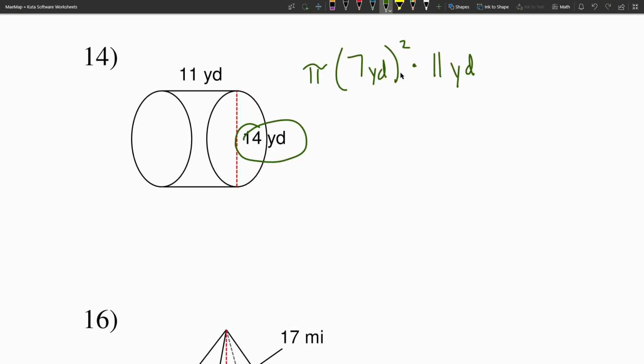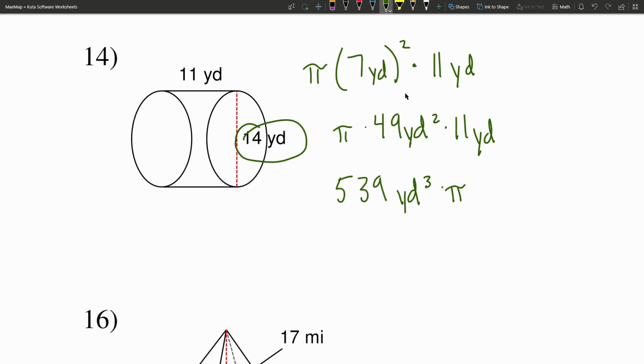Calculating this out, 7 times 7 is 49. So we have pi times 49 yards squared times 11 yards. 49 times 11 is going to give us 539. So that's 539 yards cubed times pi.